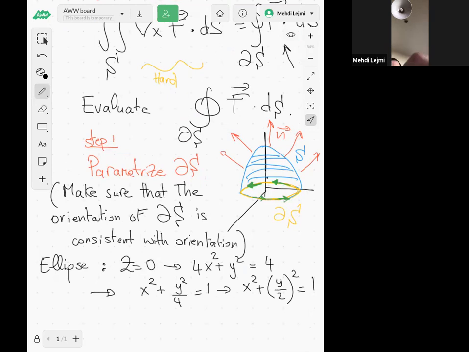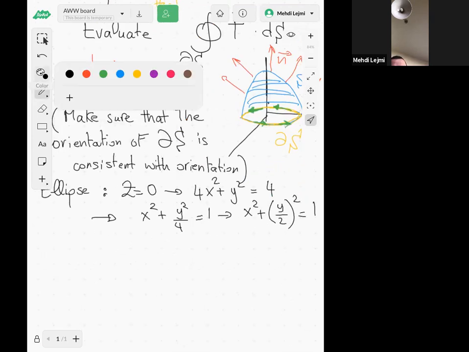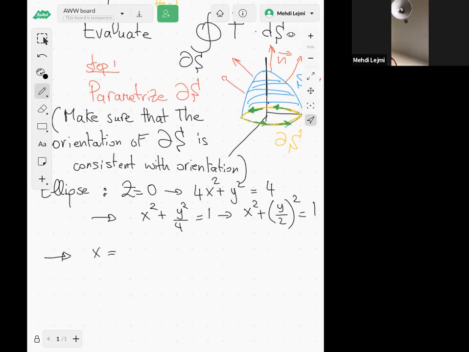So how do we parameterize this? Well, we can use cosine and sine. So x would be cosine of t, and y over 2 is sine of t.